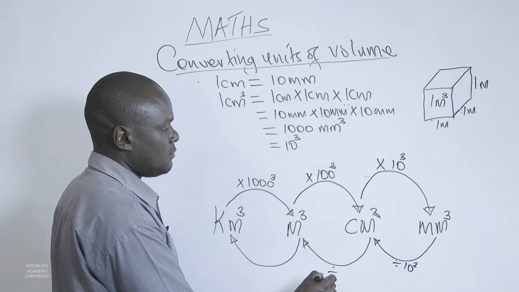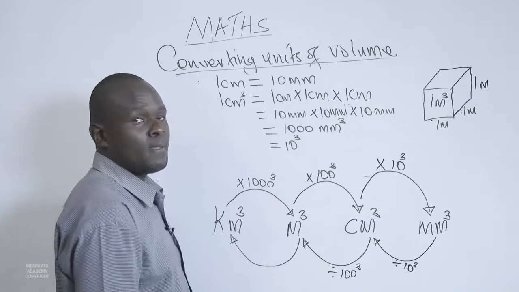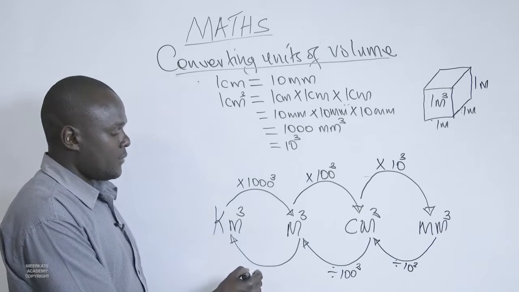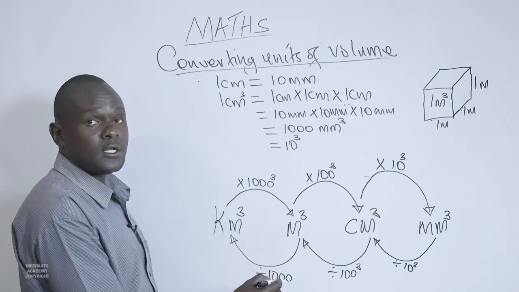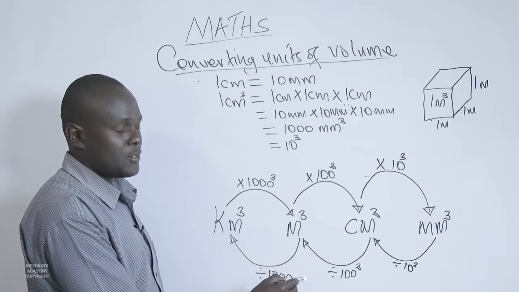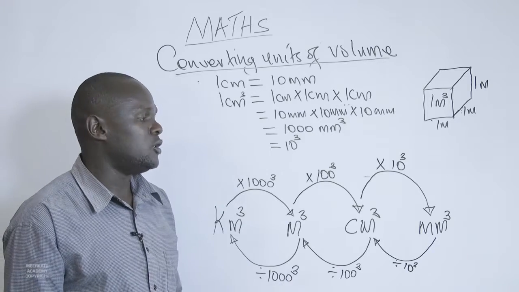This will be divided by 100 raised to power 3, which is a million. And this will be divided by 1000 raised to power 3, which is equivalent to a billion.